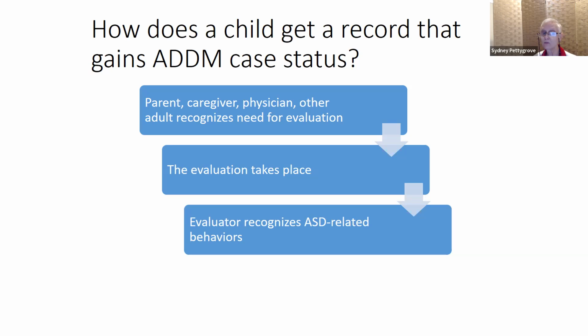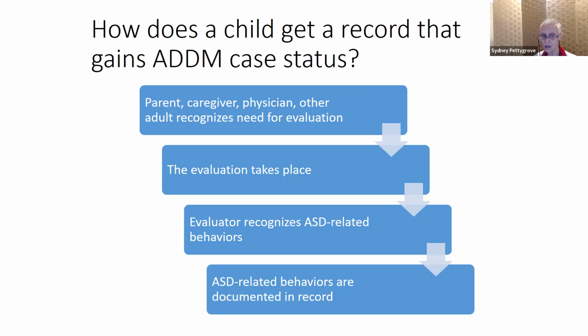And once they recognize those behaviors, then they need to document them in the record. Because until those behaviors were documented in the record, everything that happens before this is invisible to our system.